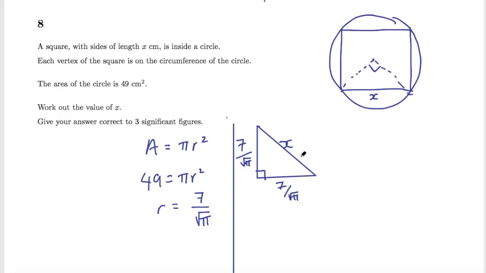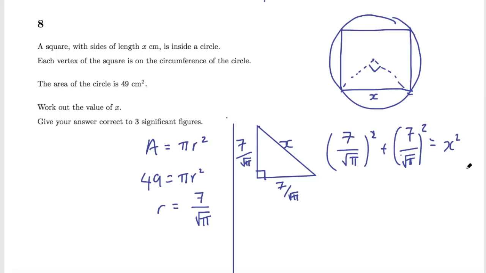to find the hypotenuse. So Pythagoras' theorem says that a squared plus b squared equals c squared, so 7 on square root pi squared plus the same thing, 7 on square root pi squared equals x squared.